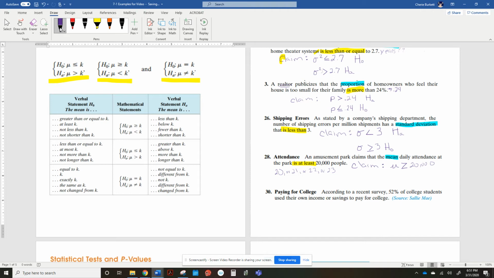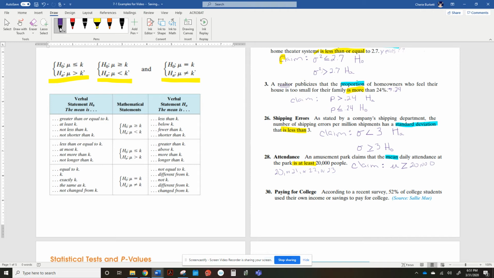Okay? At least. If you're not sure, then come over here and see if you can find at least. There's at least. And at least, for the null hypothesis, it's greater than, and for the alternative, it's less than. So we got to figure out which one this is.